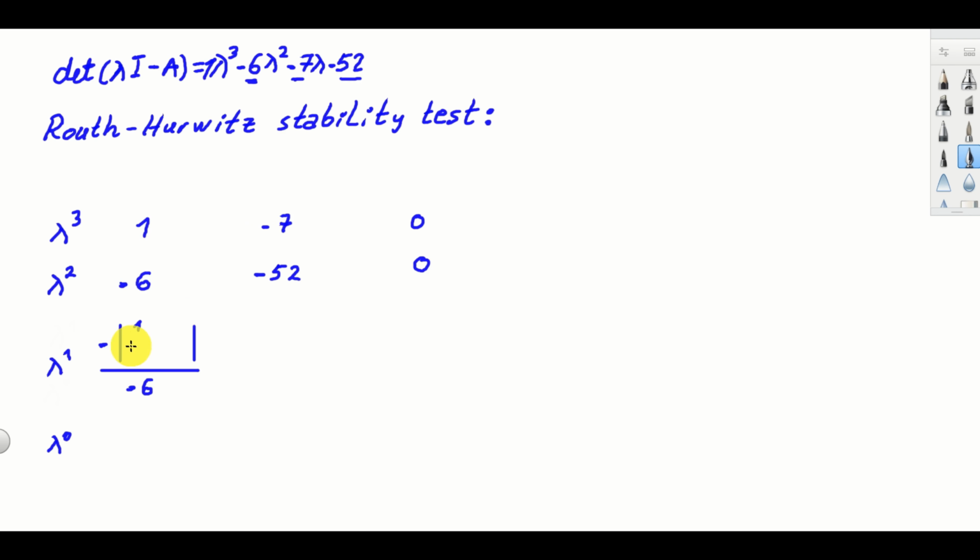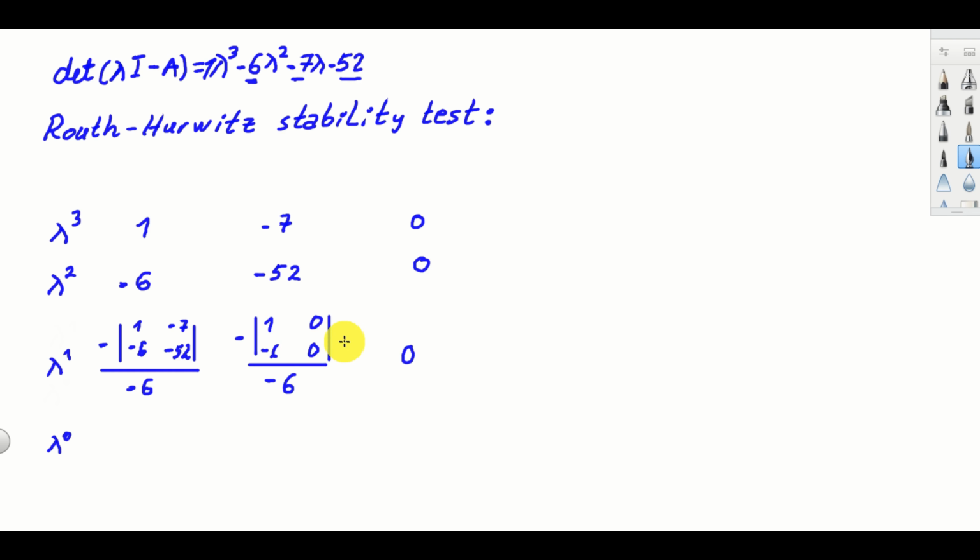So we will have 1, -6, -7, -52. Okay, how about this entry over here? Again, it's a ratio of, in the denominator we'll have -6, and in the numerator we will have this column and this column. That is, we will have 1, -6, 0, 0 with a minus sign. And over here we will have 0.